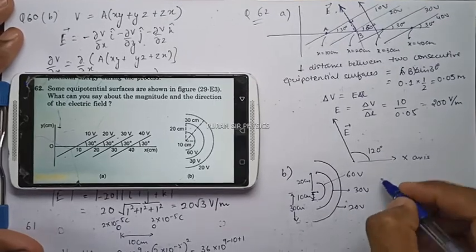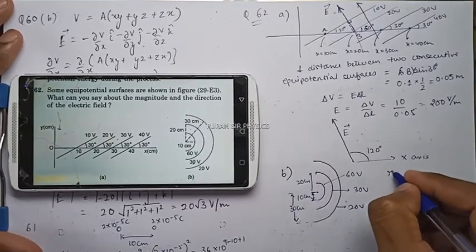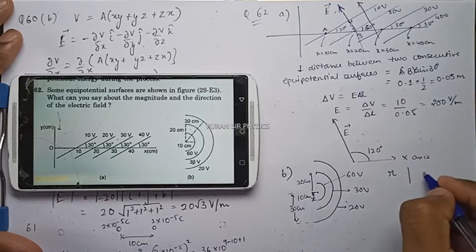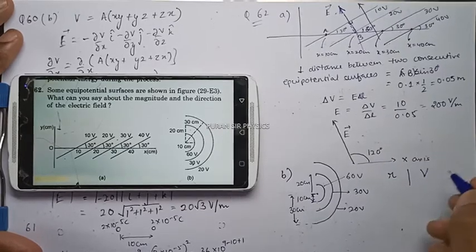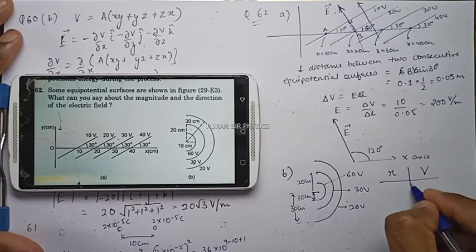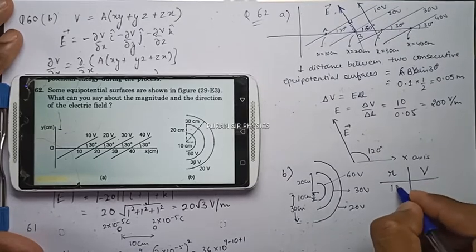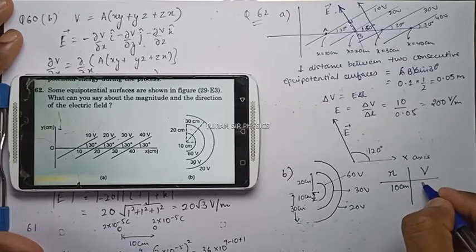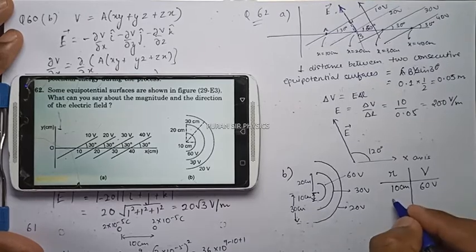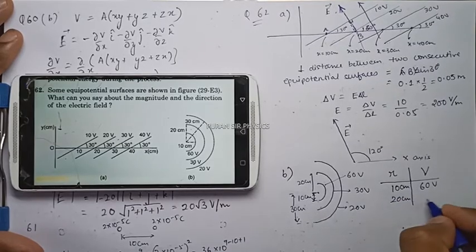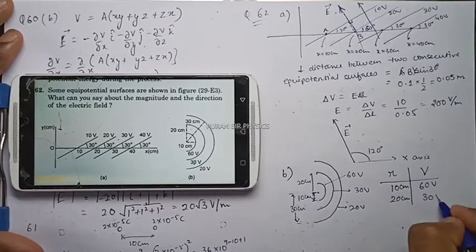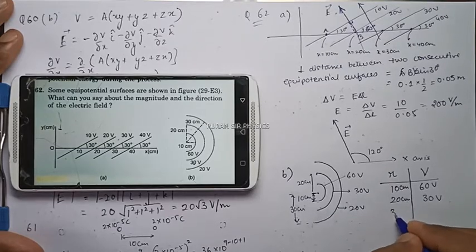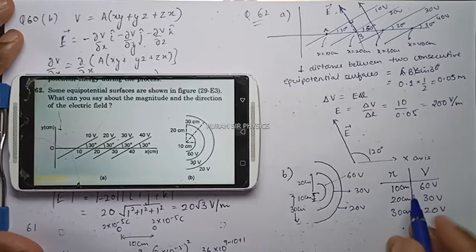So if you see the radius and your potential, it comes out to be, if radius is 10 centimeter, the potential is 60 volt. If radius is 20 centimeter, potential is 30 volt, and if radius is 30 centimeter, potential is 20 volt.